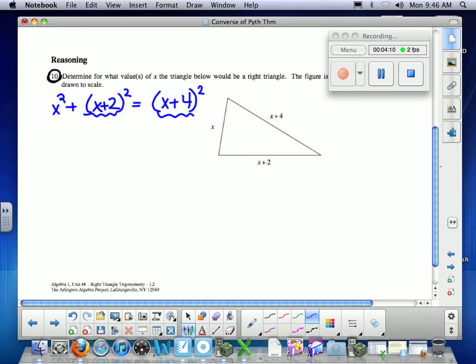Then we have to combine like terms, factor it, and solve it. Then we're still not done because the problem says, what values of x? Oh wait, yes we are done. It doesn't ask to find the side lengths. Never mind, I'm wrong. If it said find the side lengths, then we would have to actually find some values there.